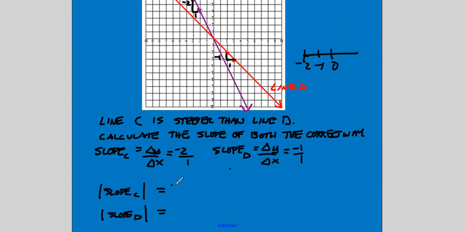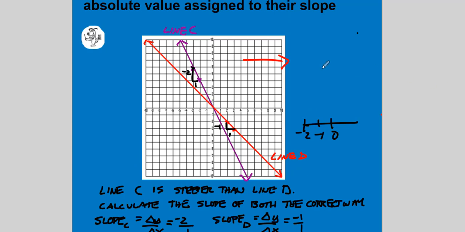So we want line C to have a larger slope than line D. We say the slope of line C is steeper than the slope of line D, even though the actual slope, -2, is considered less than -1. We say that line C is steeper than line D.